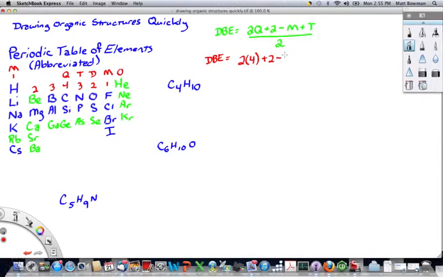Those are the M's for the monovalent. We divide that all by 2. 2 times 4 is 8. 8 plus 2 is 10. 10 minus 10 is 0. So this particular formula, C4H10, has a DBE of 0. That means there are no double bond equivalents to this.